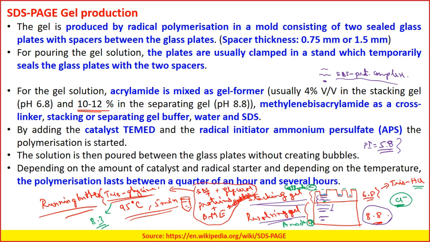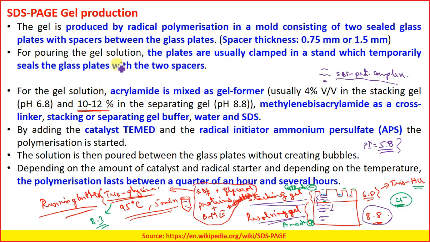The electronegativity of chloride is very high, then after that we have the SDS-protein complex, and then the glycine anions. Okay, so in this way we do the analysis. Then after this we can take this and go for the analysis.